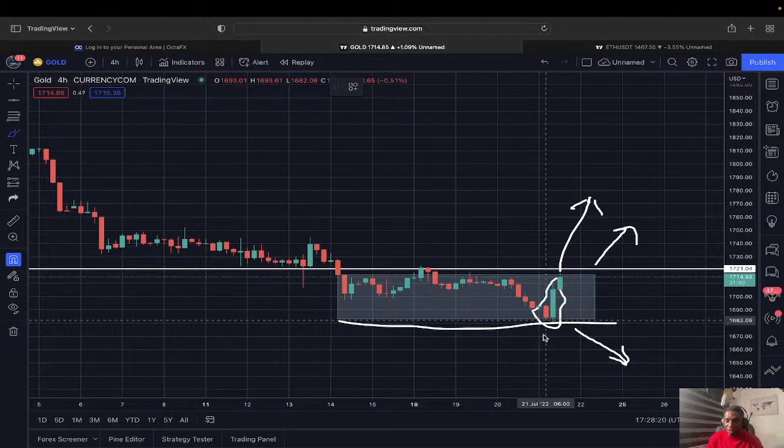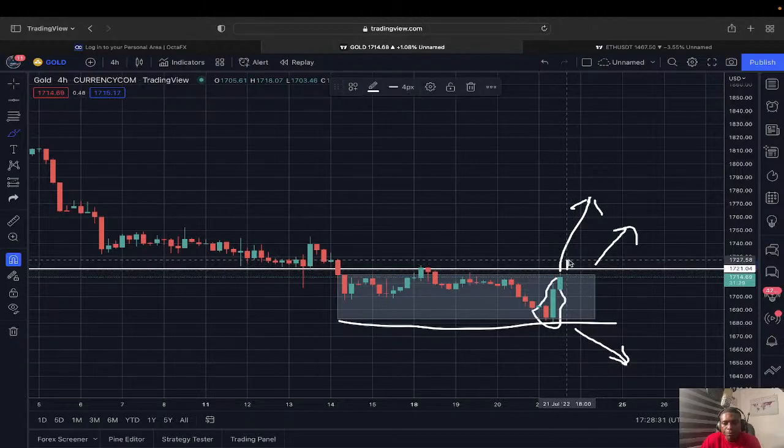It must close. If it doesn't close, let me give an example. If this candle here closes and another one forms, that one must close outside the breakout line. If the breakout candle breaks out of this particular line and closes here, we will now look out for the next one.